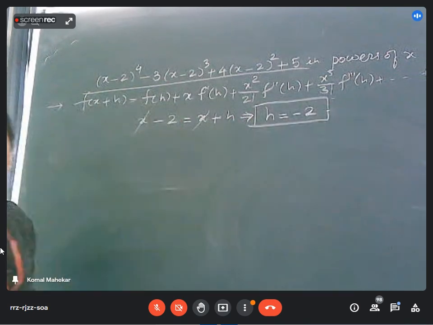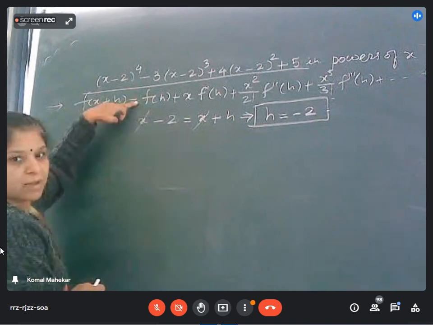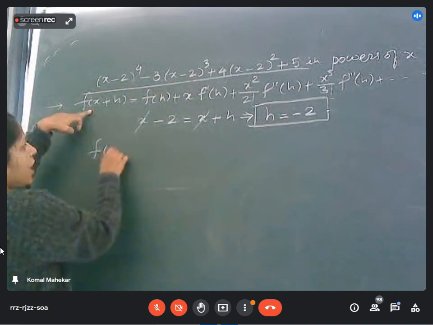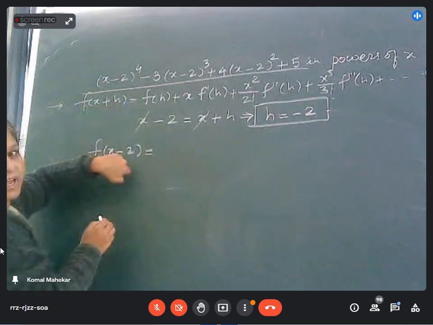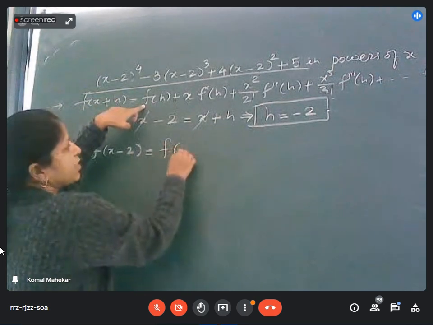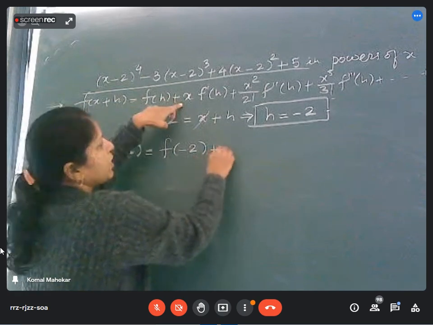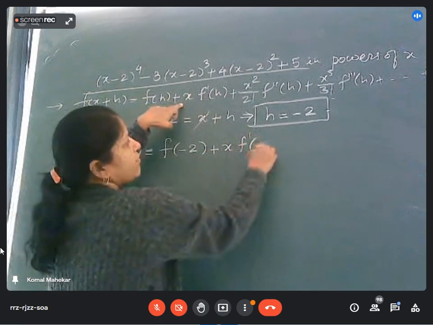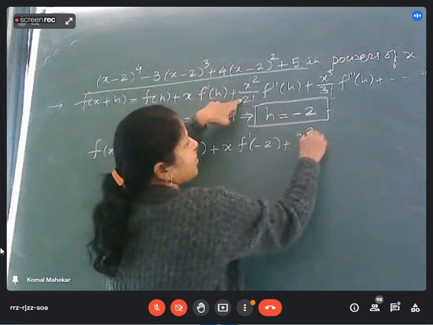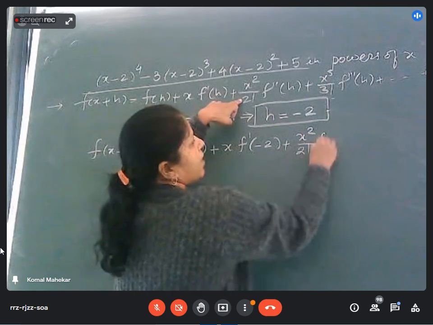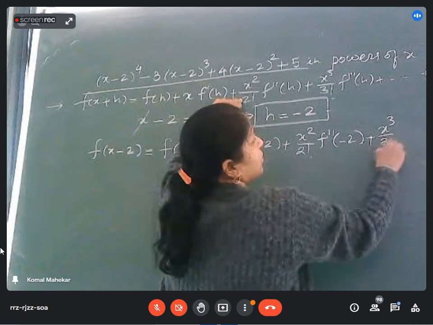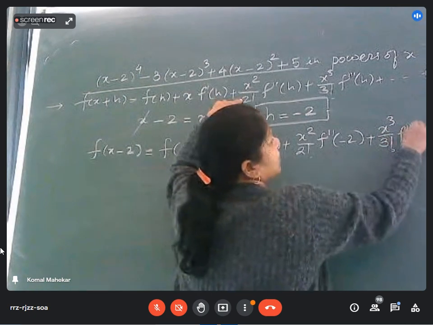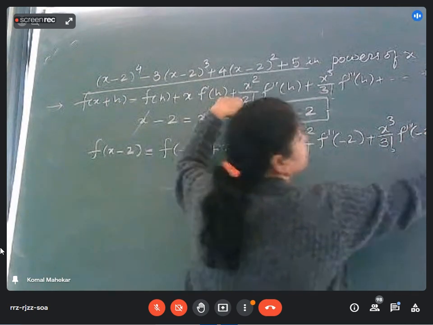So if h is minus 2, the formula becomes f of x minus 2. The expansion of this function f of x minus 2 will be: first term f of minus 2 plus x into f dash of minus 2 plus x square by 2 factorial f double dash of minus 2 plus x cube by 3 factorial f triple dash of minus 2 and so on.